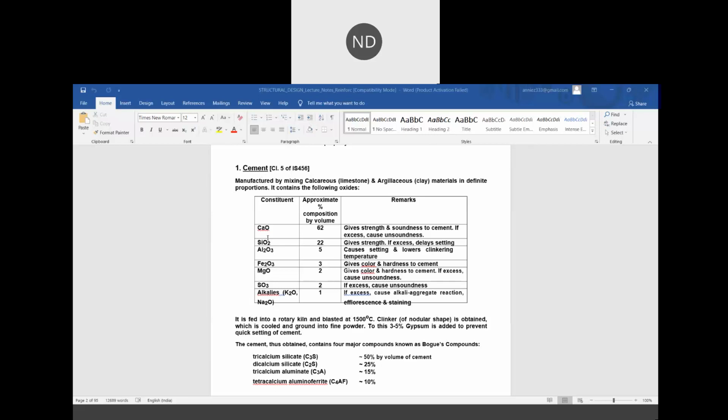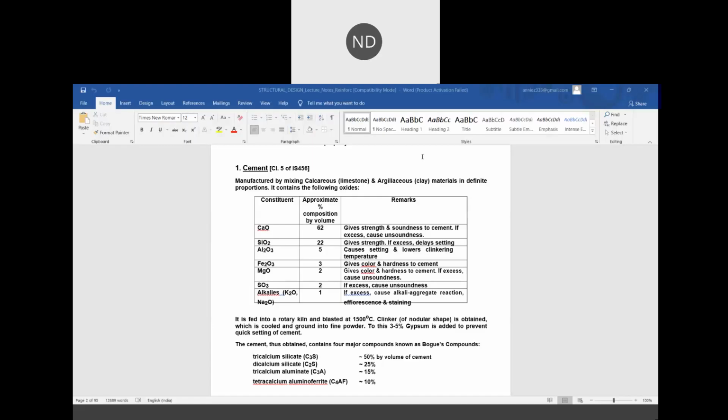Regarding cement, everything is mentioned here: what the grade should be, what fly ash is. You must know your IS code thoroughly, like which material or topic is mentioned in which clause.